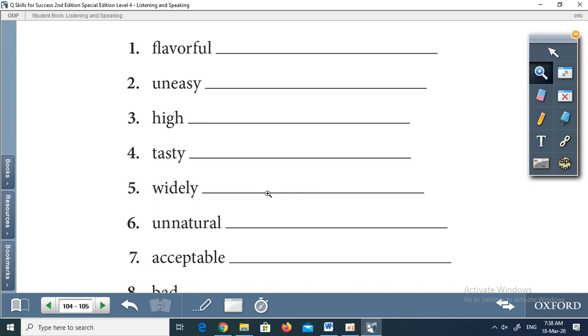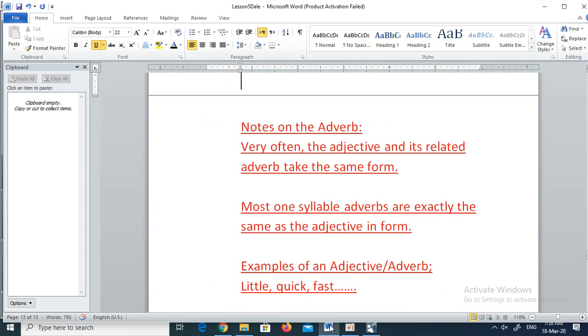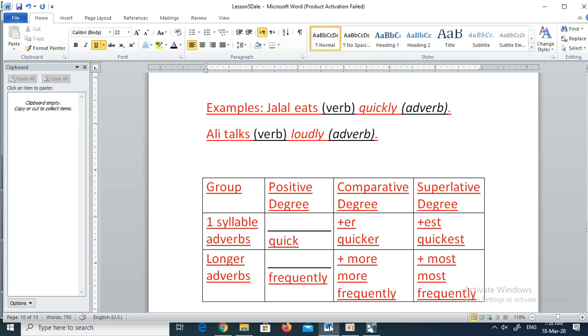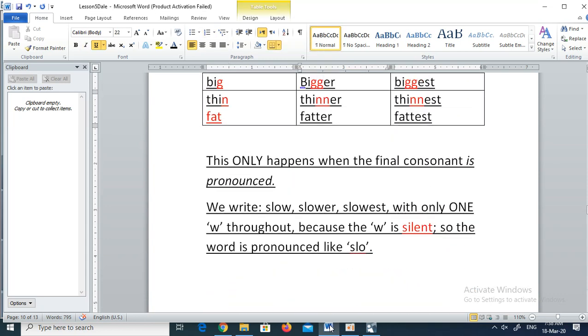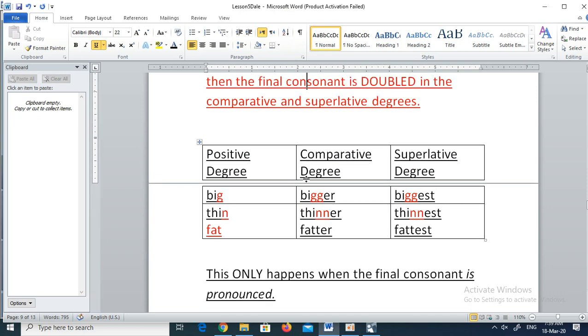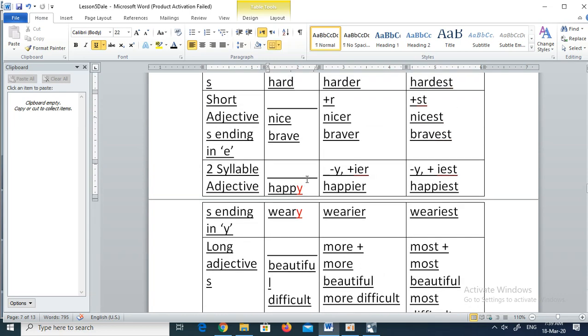If you are stuck somewhere, all you need to do is go back and have a look at our grammar notes, and you will see that the adjectives and the adverbs change according to certain rules, and so it is very easy for you to work out from those rules what are the comparative forms.